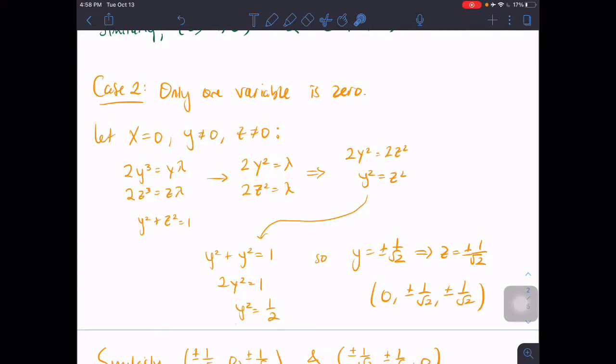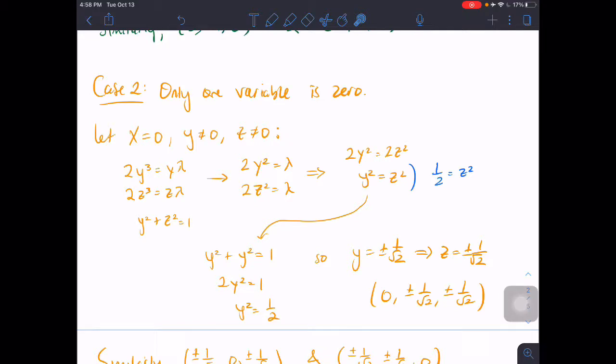I square root both sides. That will give me plus or minus 1 over the square root of 2. But then if I use this equation and substitute these values in, I'm going to get that 1/2 is equal to z squared. And so then this will conclude that z equals plus or minus 1 over root 2.